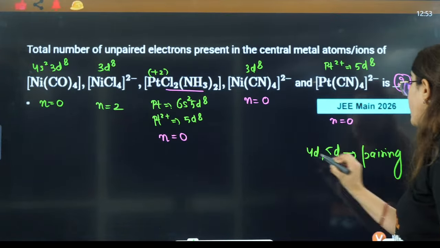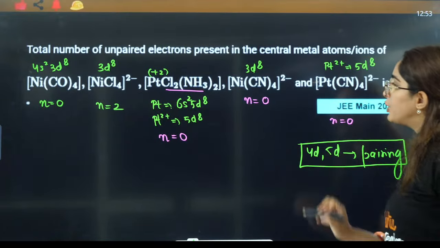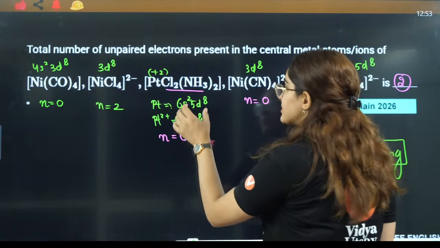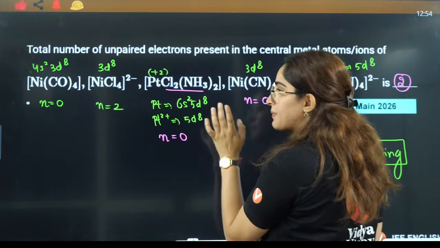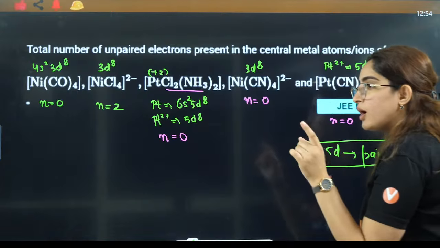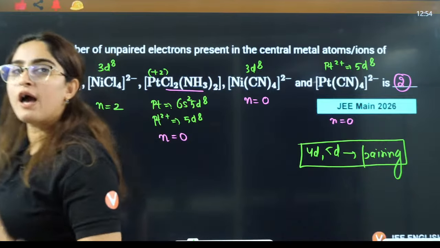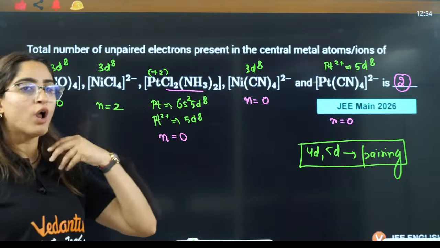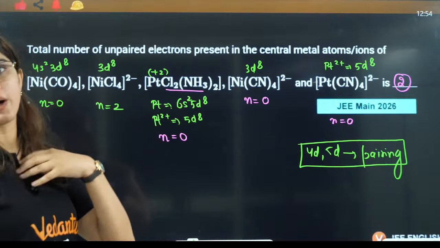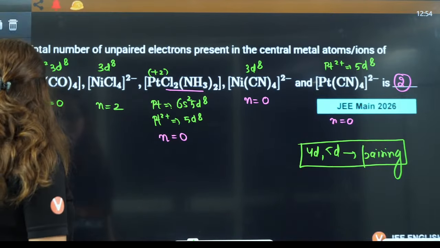So majorly students can make a mistake here. They can say, ma'am, here unpaired electrons will be present, weak field ligand is there. No. Whether you have weak field or strong field, in 4d and 5d there will always be pairing, no matter what the ligand is. So 2 is the correct answer here.